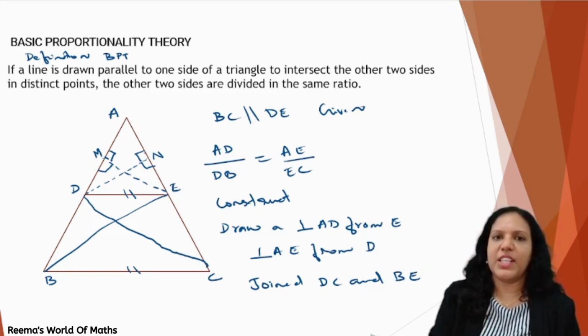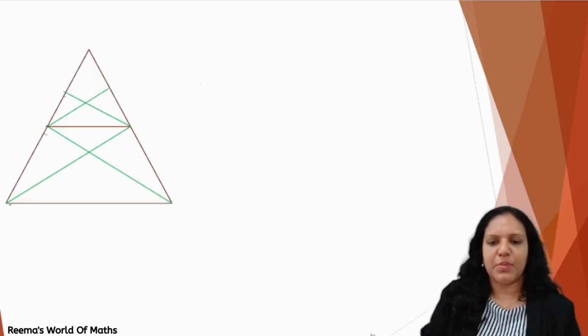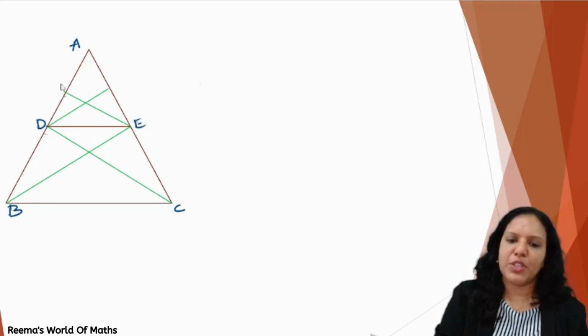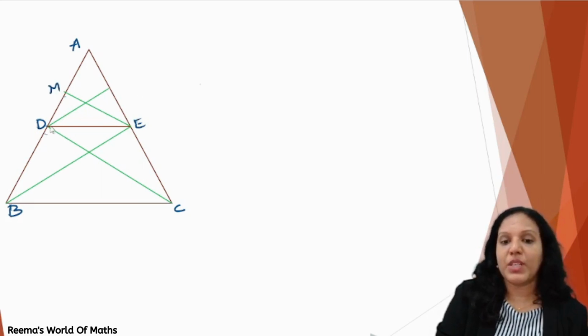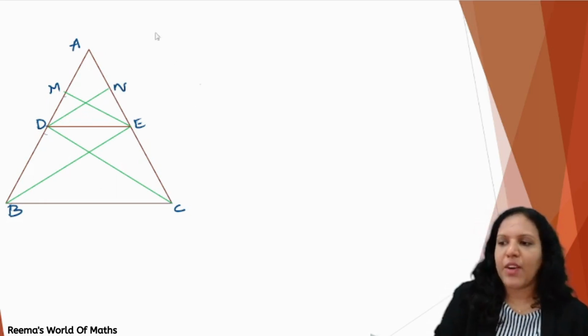So now we have added two more lines to the given triangle. Now let's do that on a fresh page. Here we name this triangle ABC, and we have drawn a parallel line DE, and drawn a perpendicular to AD from E which is M, and a perpendicular from D to AE which is N, and also we have joined DC and EB. Given that DE is parallel to BC.